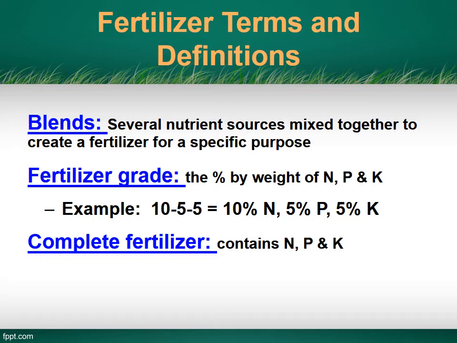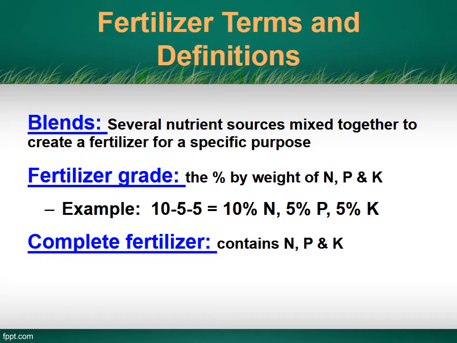The fertilizer grade is the percentage by weight of nitrogen, which is N, phosphorus, which is P, and potassium, which is K. So on the front of a bag of lawn fertilizer, it might say 10-5-5. That means in that bag of fertilizer is 10% nitrogen, 5% phosphorus, and 5% potassium.